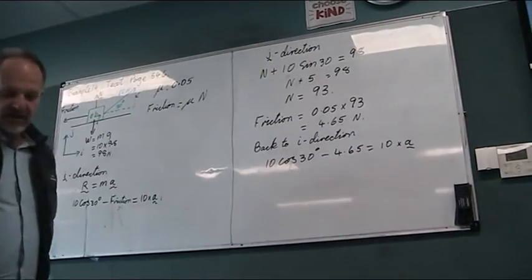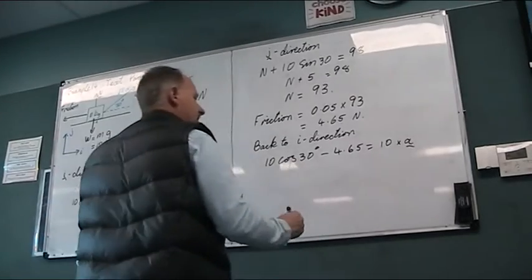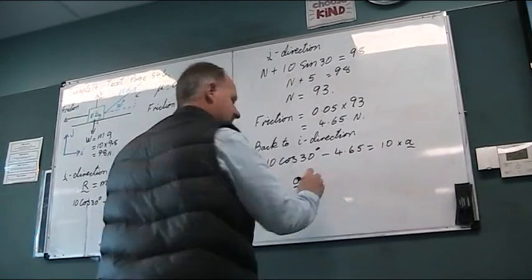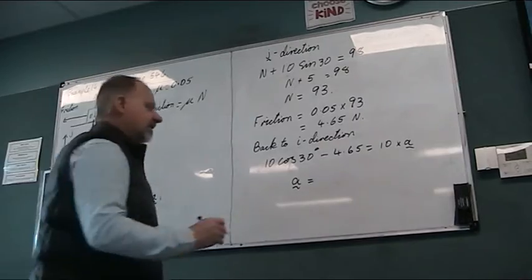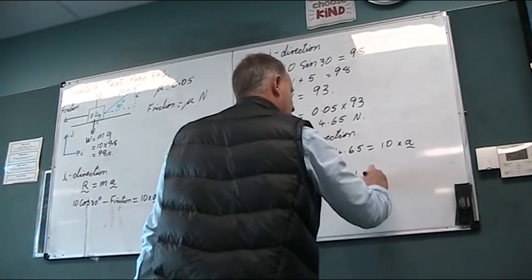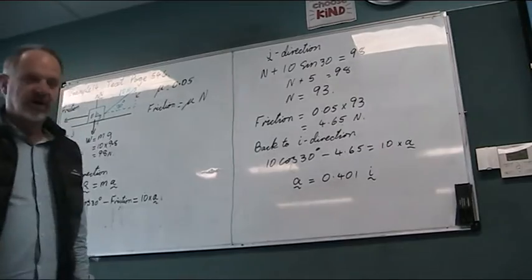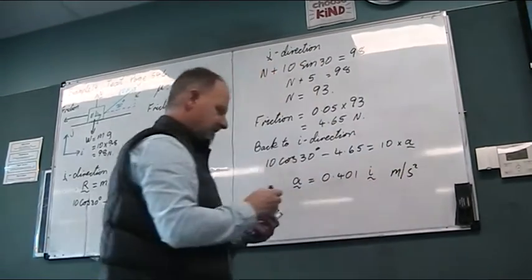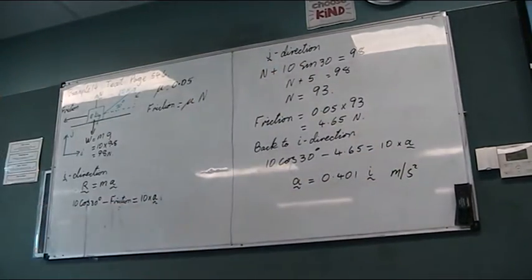And once we do that calculation, we find that A is equal to 0.401, and it will be I, in metres per second squared.